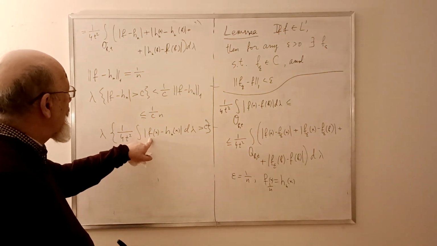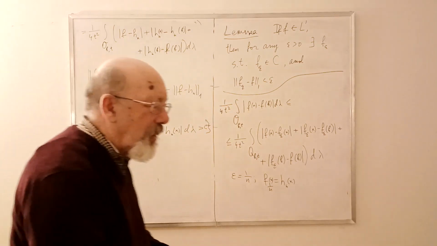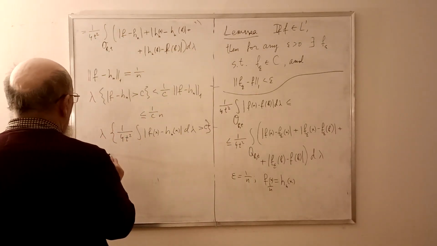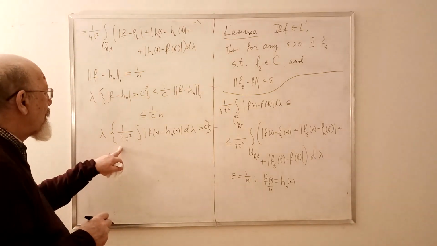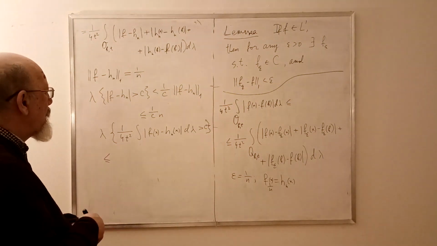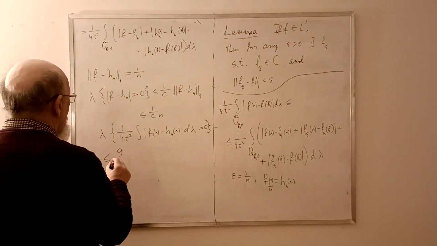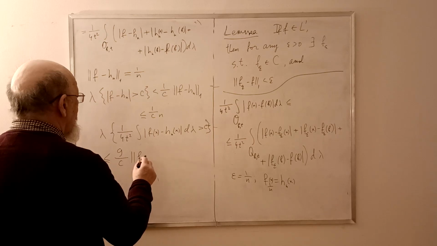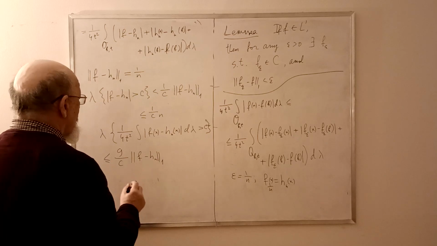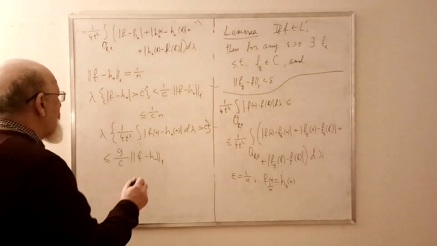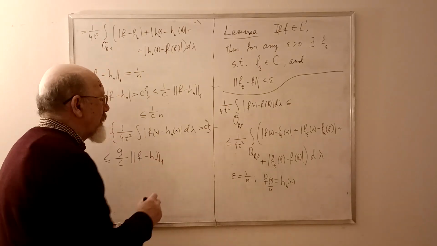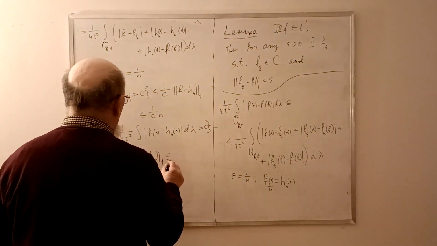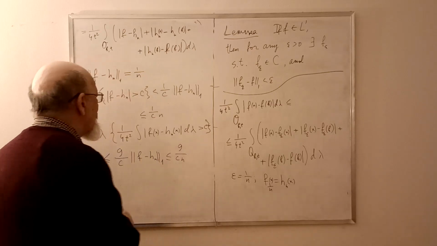So the expression which enters the definition of the maximal function is less or equal 9 over c times the norm of f minus hn in L1, which is less than 1 over n. So it is less or equal 9 over cn.